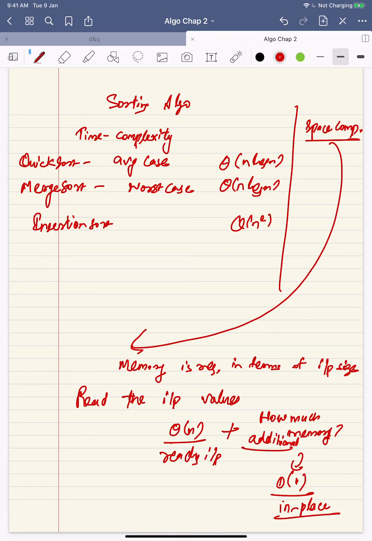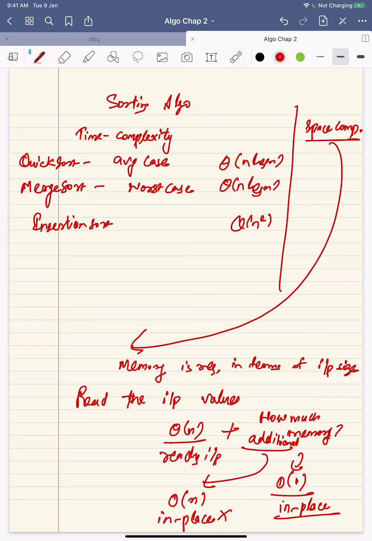I don't need any extra memory, I only need order 1 extra memory. But if the additional memory is a function of n, like order n, then this is no more an in place algorithm. Generally when you try to design an algorithm, you are also interested in getting an algorithm that is in place in addition to being efficient.